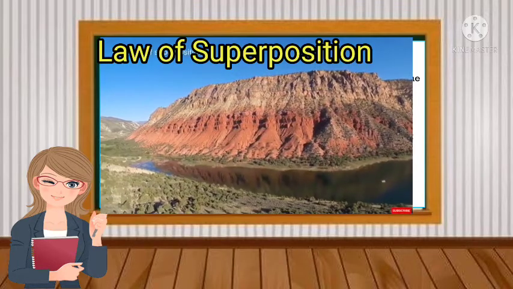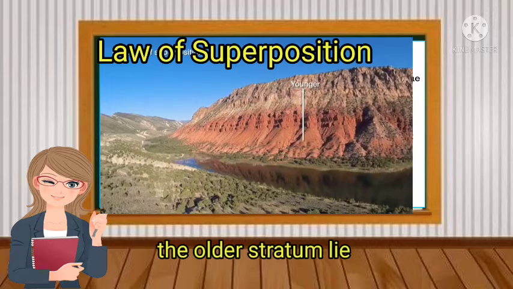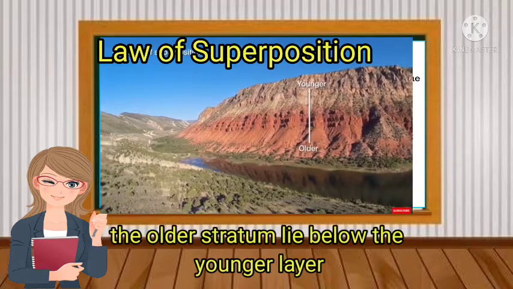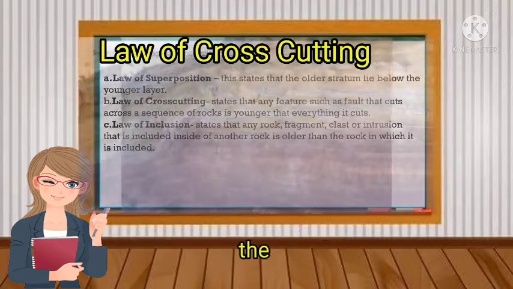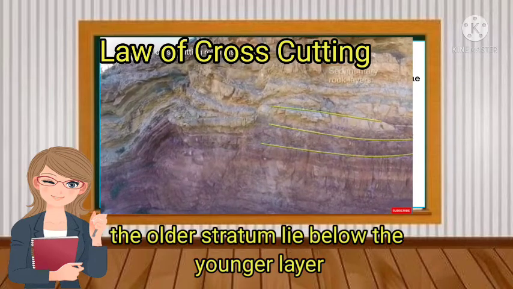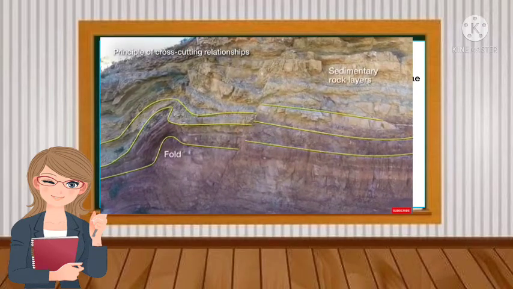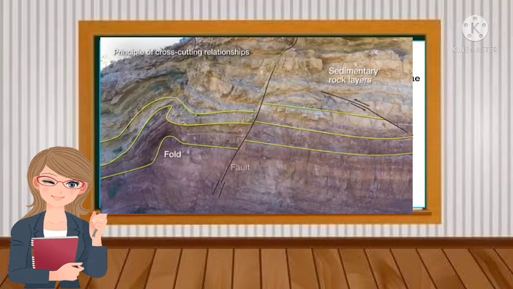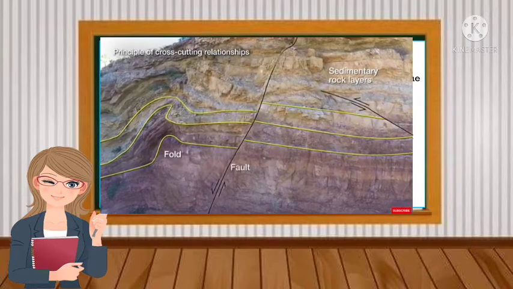The law of superposition states that the older stratum lies below the younger layer, while the law of cross-cutting states that any feature such as the fault that cuts across a sequence of rock is younger than everything it cuts.